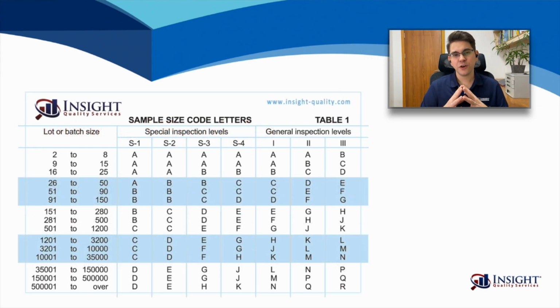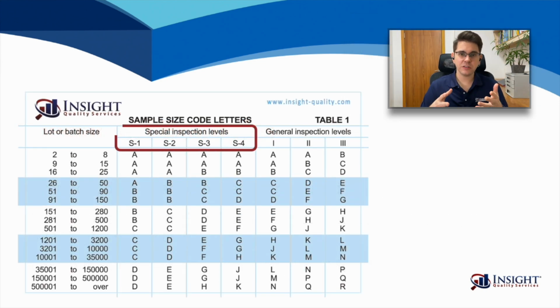So on the AQL chart, there are 4 special inspection levels, S1, S2, S3, and S4. And of course, S1 is going to give you the smallest sample size, while S4 is going to give you the largest sample size.